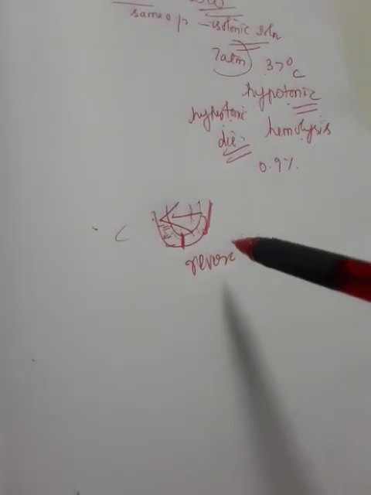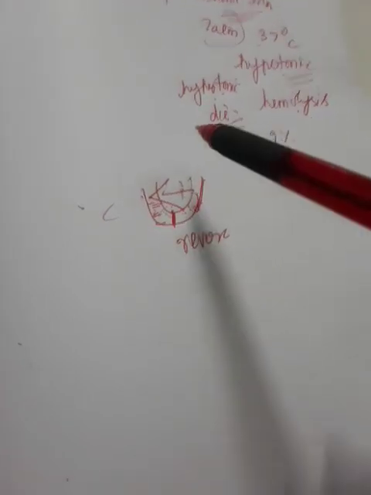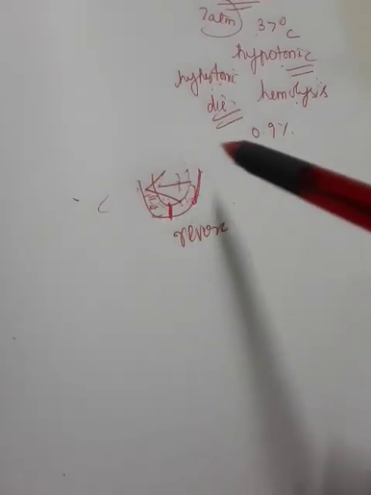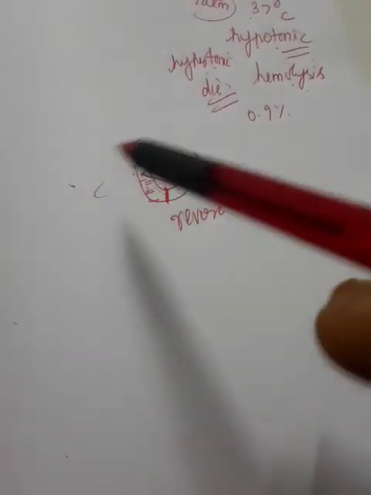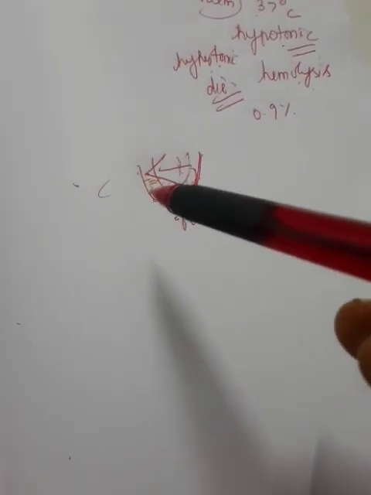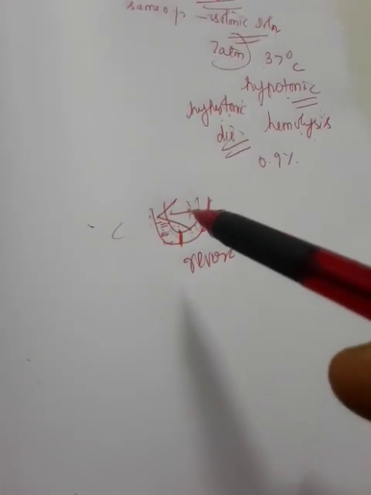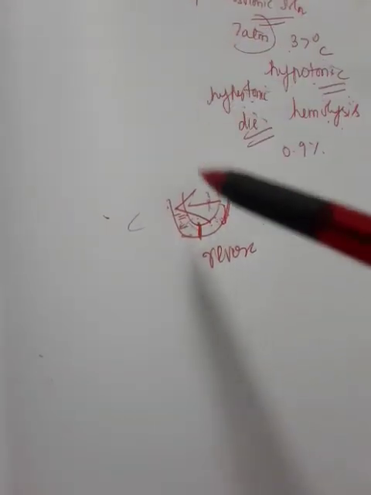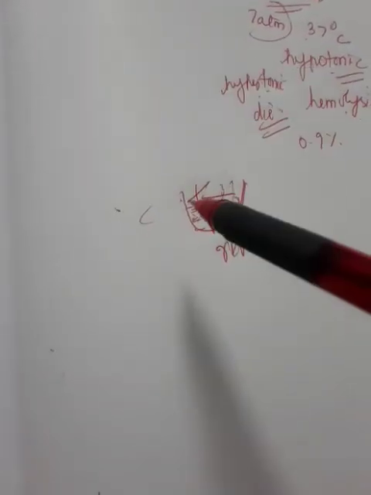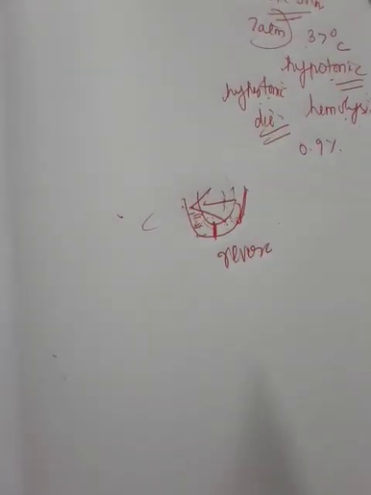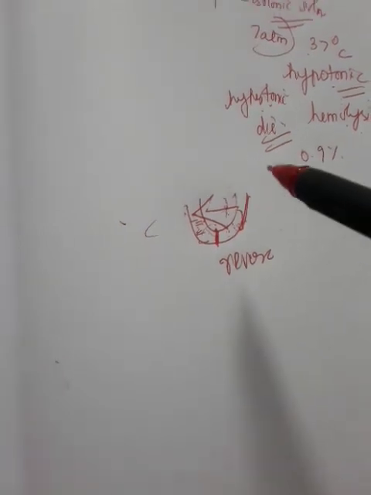This is given clearly in the book, page number 56. You have to go through and read. It's a very important topic regarding colligative properties. This topic is very important, children. You have to learn what is meant by osmosis, osmotic pressure, what is the van't Hoff equation, and what is the formula for the molar mass of the solute.